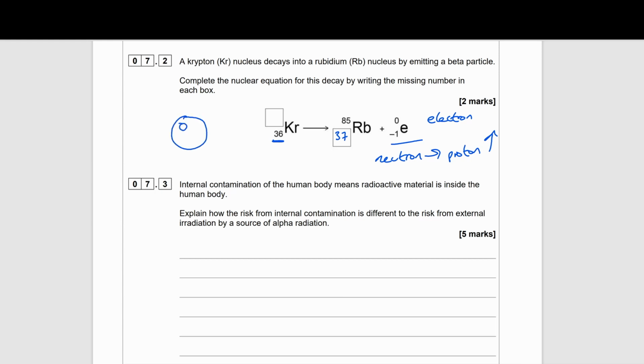So, during this beta decay, as I said, a neutron is actually turning into another proton. Now, if you notice, there has been no change to the number of total protons and neutrons in our nucleus, because one is being replaced by another. So that means that our mass number should stay the same. So that means our mass number for krypton should also be 85.